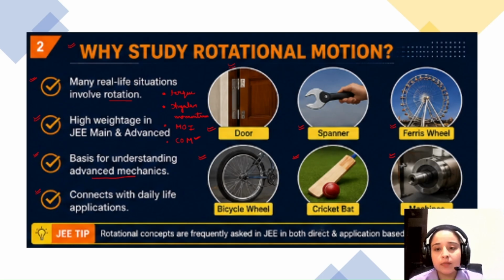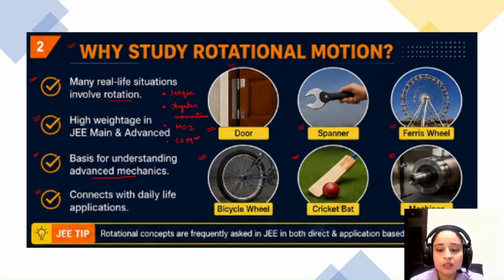So it is very important. In today's class, it's not that we need to memorize the formula. We need to understand the physics behind it. This chapter is famous for conceptual and application based questions. So don't memorize formulas, understand the physics here.